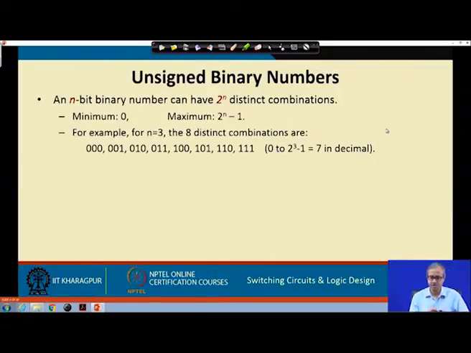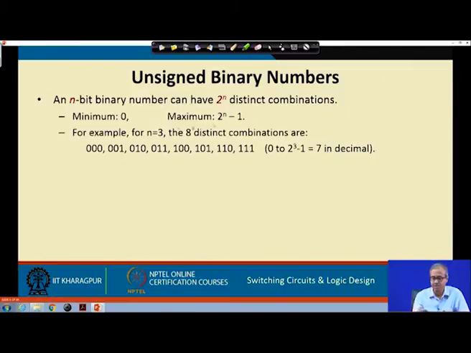Let us first talk about unsigned binary numbers. We just now saw that in n bits you can have 2 to the power n distinct combinations. So, the minimum number that you can represent is 0, all zeros, and the maximum number is 2 to the power n minus 1, all 1s.